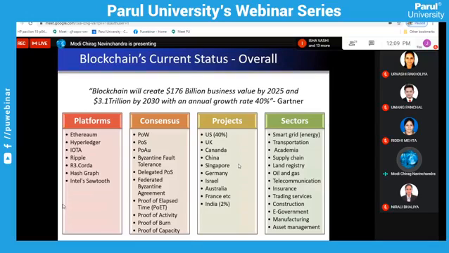And these are the major sectors considered to apply blockchain, like smart grid, transportation, academia to put your degree certificate or to maintain students' or faculty's credit score, supply chain, land registry, oil and gas.